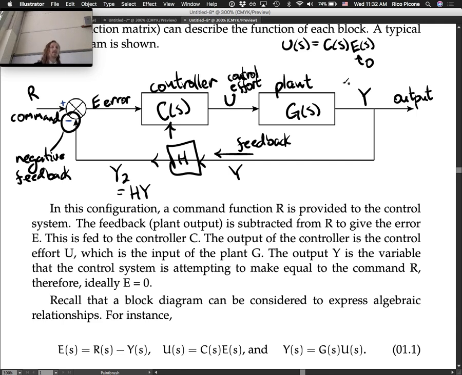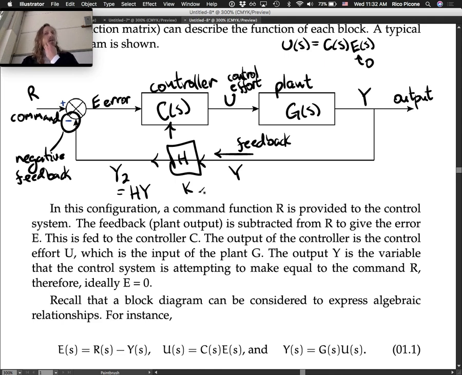So yeah, it might just be a gain. Sometimes we'll just represent a gain as K, which is one way to go. Or sometimes there's a whole transfer function there. A gain is a transfer function, but there might be one that has more complexity to it.